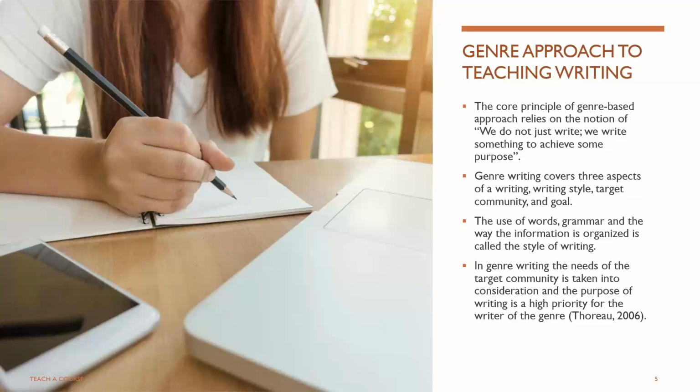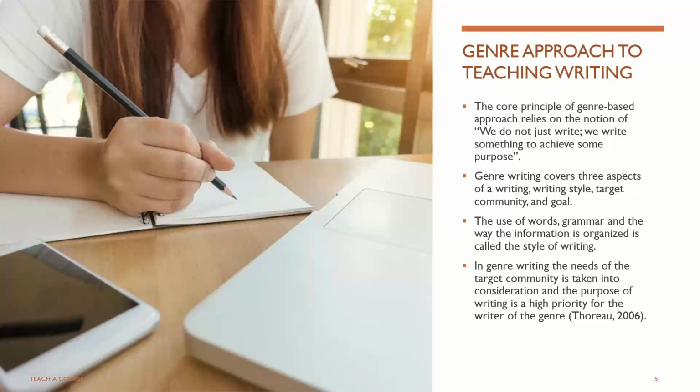It means he knows how he should write, what vocabulary and grammar he should put in. He knows his target community. It means he knows who he is writing to, who his audience are, based on the level and knowledge of his audience.